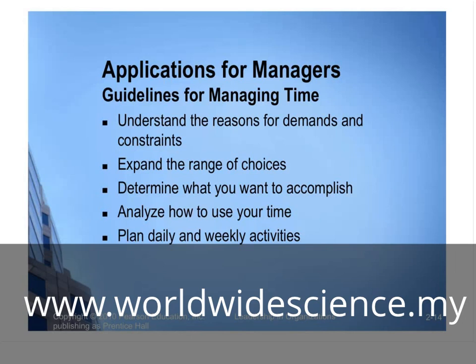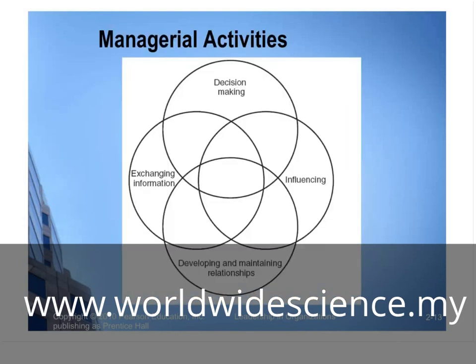Applications for managers. Guidelines for managing time. Understanding the reasons for demands and constraints. Oh, okay, yeah, sure, absolutely. Let's go back to exchanging. Exchanging information is basically getting information. When you're dealing with your subordinates, with your staff, you are getting information from them, and based on that information, you make decisions.